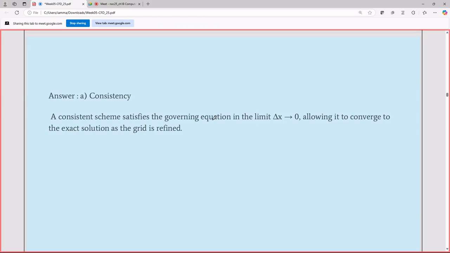It ensures that the differencing scheme will converge to, or reach, the exact solution. So our answer is option A, consistency.